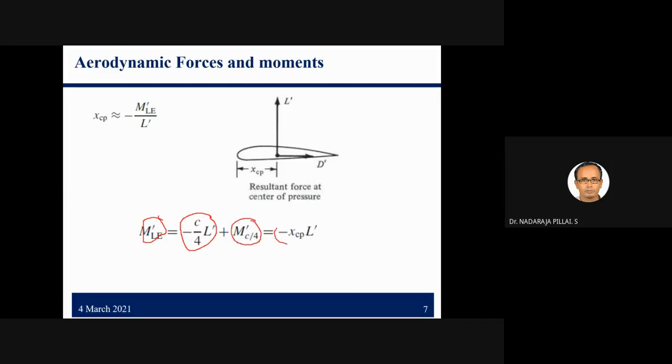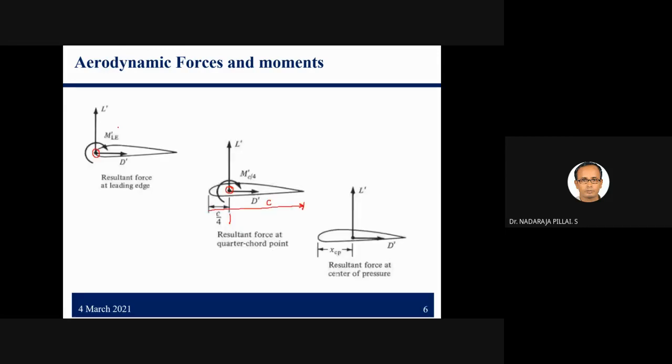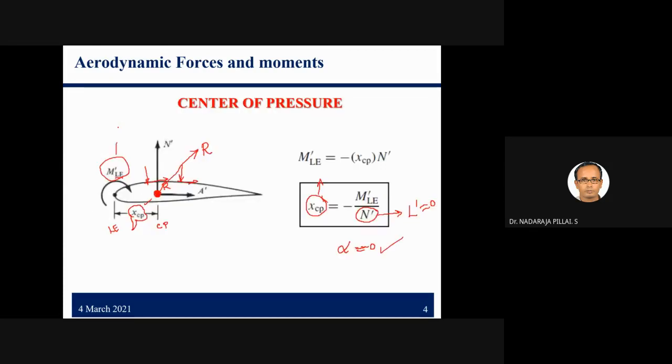And also it can be represented by XCP into L dash. So we just need to know what it is, right? Moment about the center of pressure and moment about the leading edge. We will play with these moments when we come back to the aerodynamic performance, right?